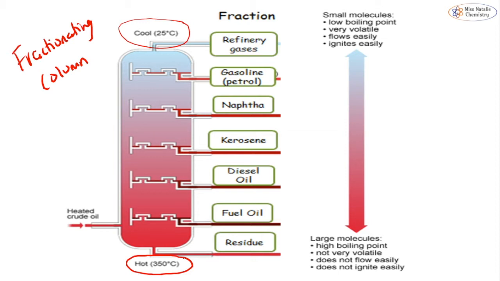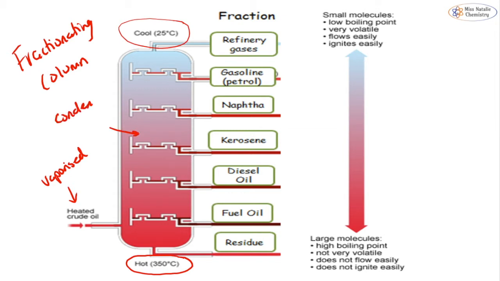So what happens is the crude oil is heated or vaporized in order to become a gas, and it is then passed into the fractionating column. And depending on the boiling point, the particles of the hydrocarbon are going to rise or are going to fall into the different parts of the fractionating column, and once they get to their boiling point and they can condense, they are then collected in these trays.